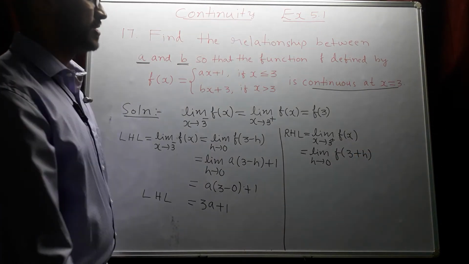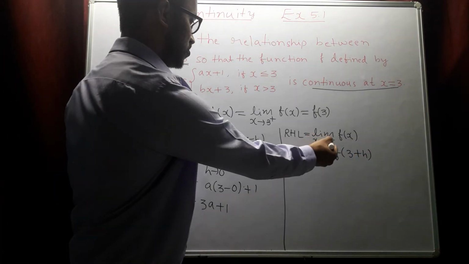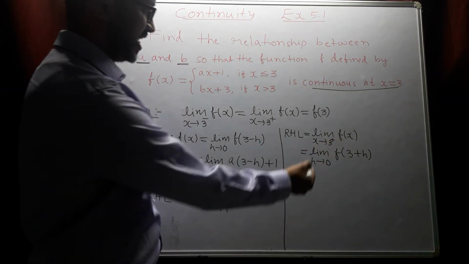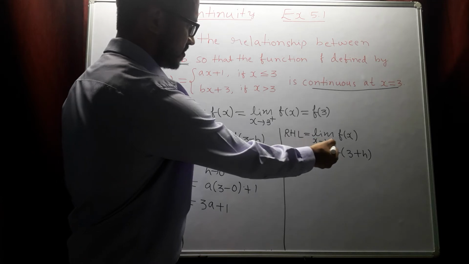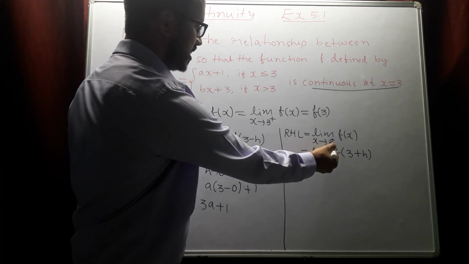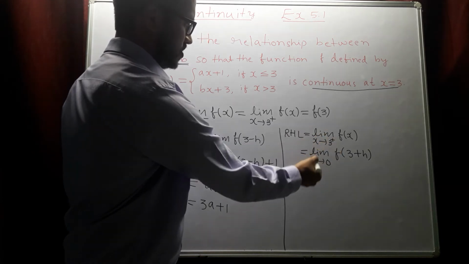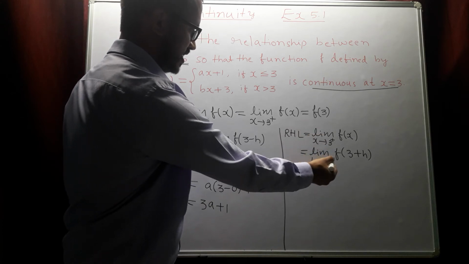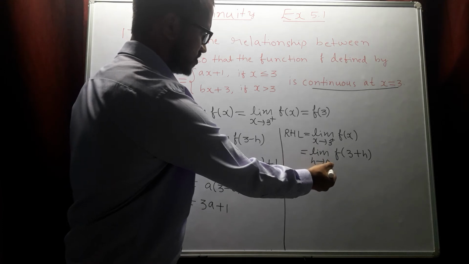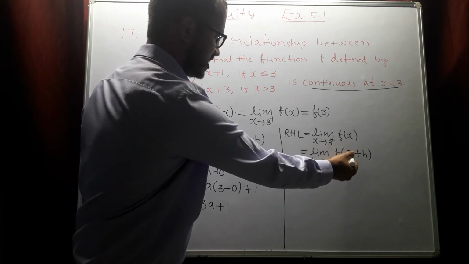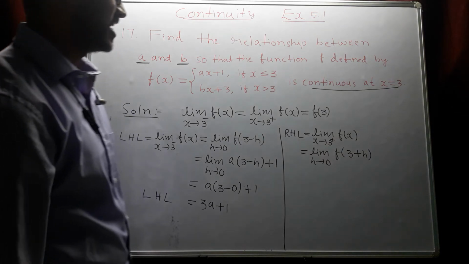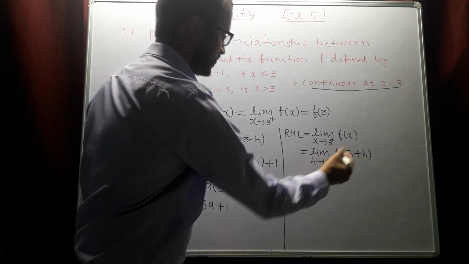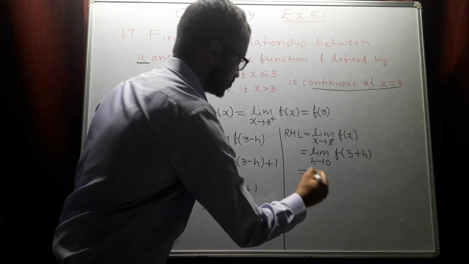Right hand limit means again x is approaching 3 from the right hand side. So here we are taking the values of x nearer to 3 but greater than 3. If you take h as a very small quantity which is nearer to 0, 3 plus h means we are taking values nearer to 3 but greater than 3.